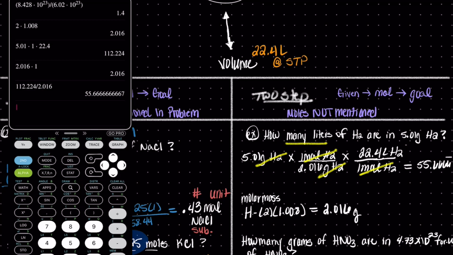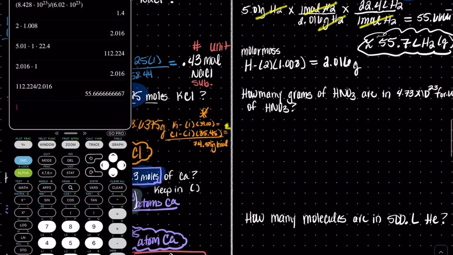How many sig figs do I need to report? I see 3 sig figs there. So approximately you're looking at 55.7 liters of H2 gas. Easy, breezy, beautiful. On to the next.